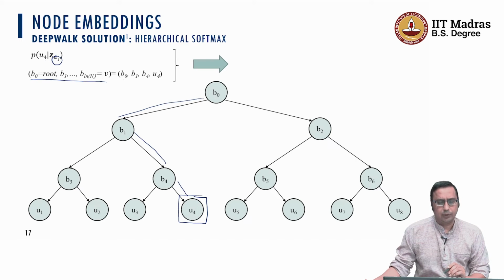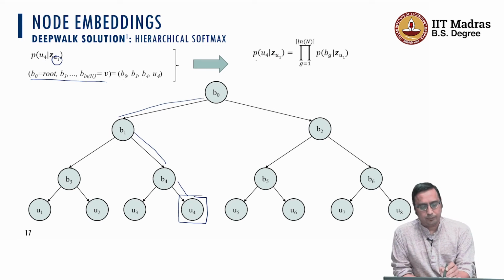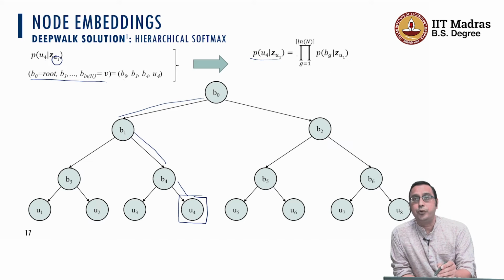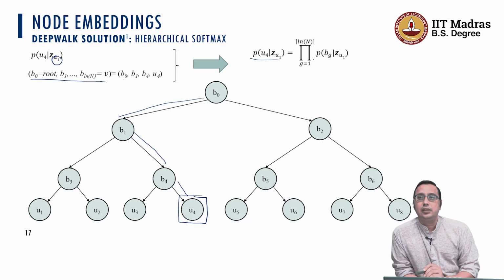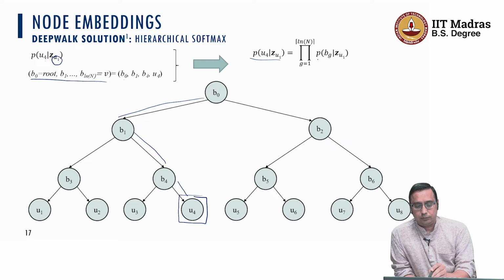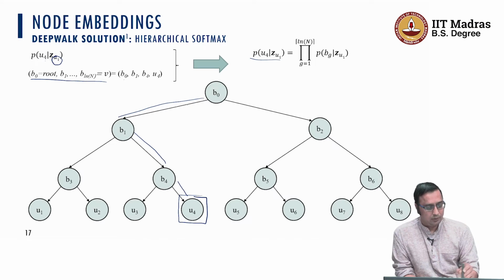And now, the question we are going to ask is, how can I compute the probability of U4 given ZU1, which I have already shown you can be given as a product of probabilities of visiting different nodes given ZU1.